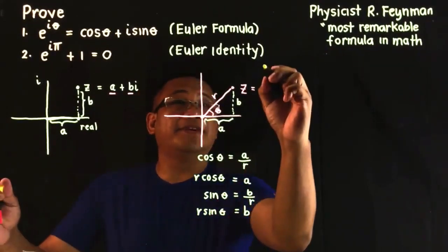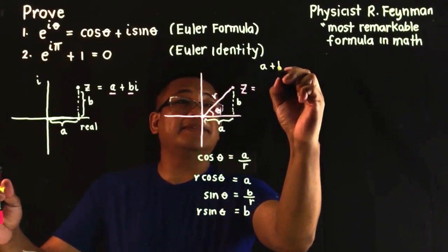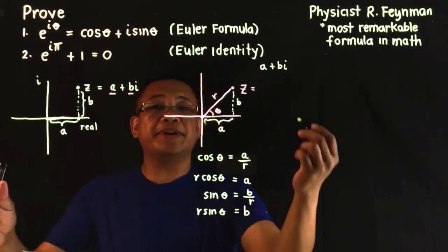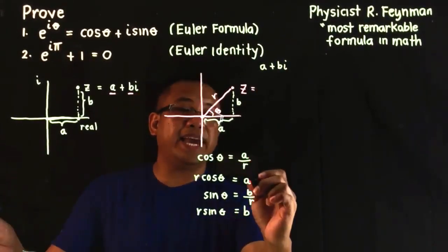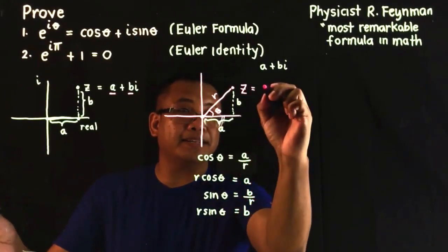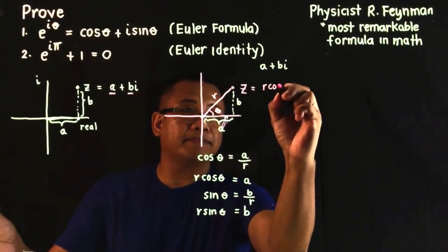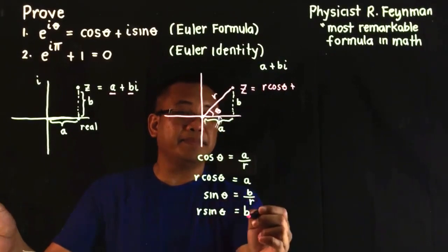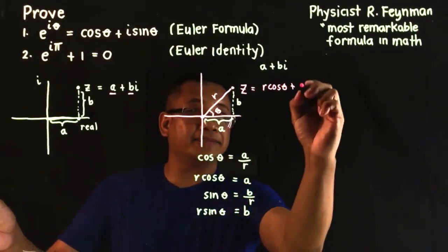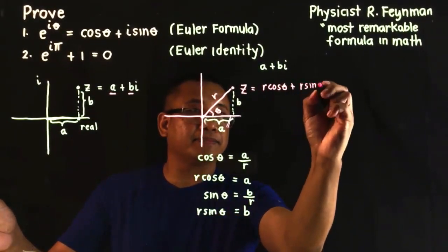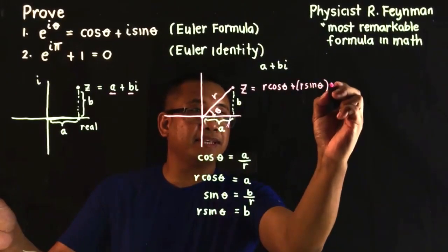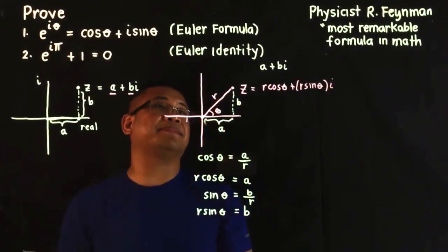Therefore, the form a plus bi can now be written as a equals r cosine theta plus b, which is r sine theta, times the imaginary unit i.